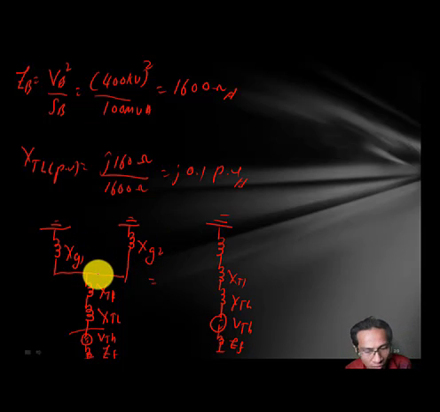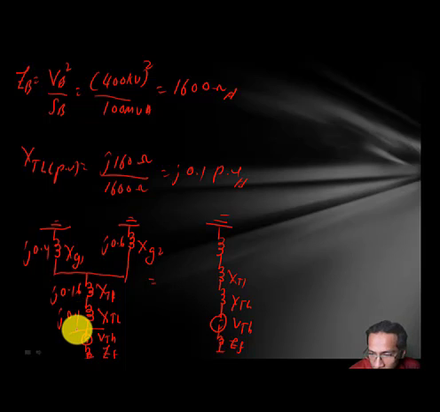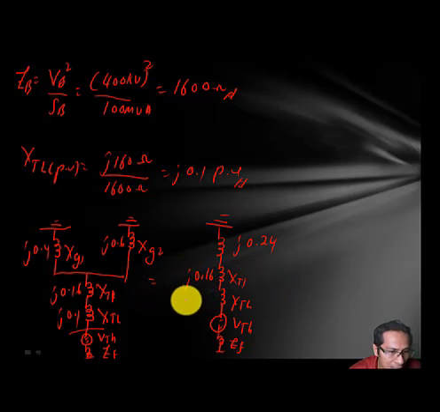XG1 we have J0.4, this one J0.4, this one J0.6, this one J0.16, this one J0.1. Okay, J0.1. So this XG1 and XG2 is parallel, so we can find parallel value for these two. So we will get J0.24 per unit. So this one remains J0.16, J0.1, this one J0.1.